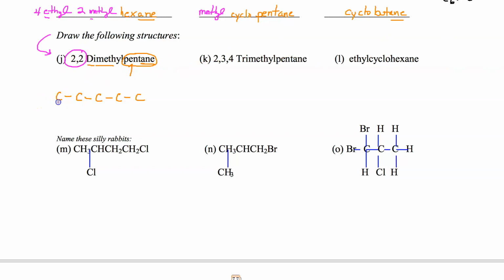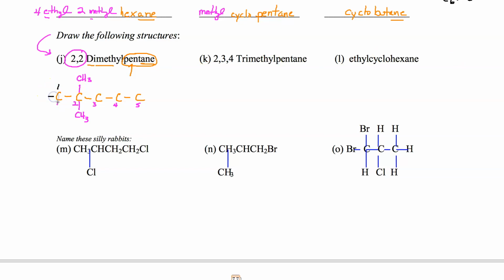So I'm going to number this 1, 2, 3, 4, and 5. I could have numbered the other way. It's not going to matter here. Bottom line is, I know that I have a CH3 on the second carbon, and I have another CH3 on the second carbon. That means this doesn't have any H's. And then I fill in the rest with H's.